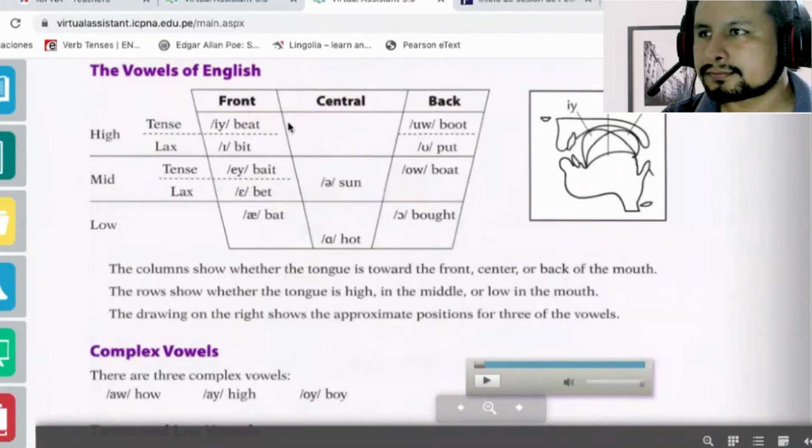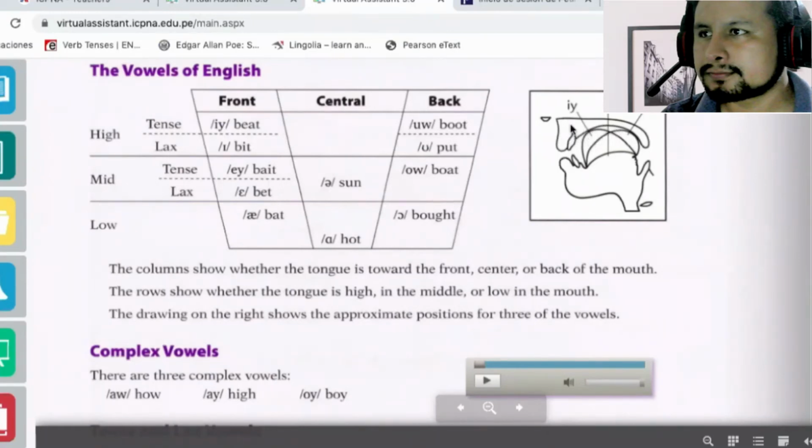That's why you have these terms here: front, central, back, high, mid, low. These words are only telling you where you have to put your tongue. For example, here for the E sound, this is the position of the tongue. You see here? It's high and front.